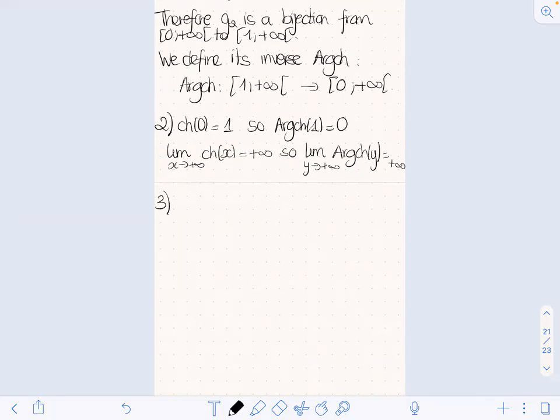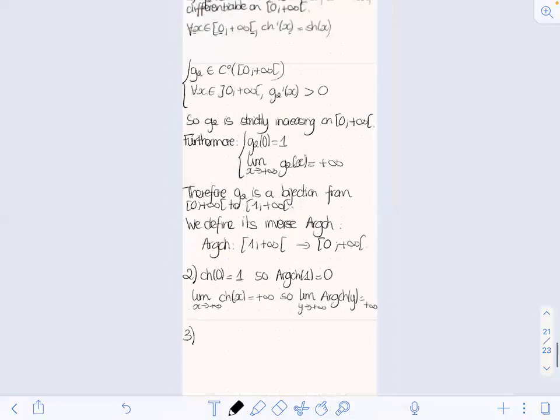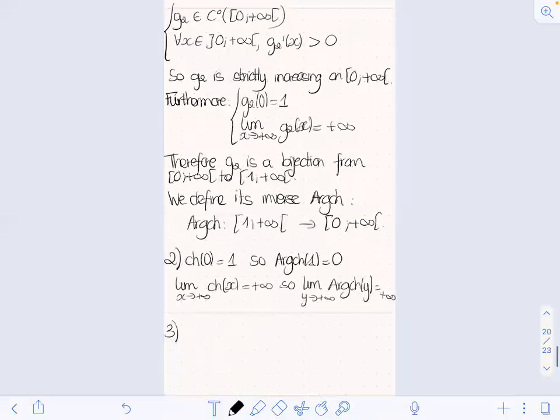So that's some further analysis of the inverse of the hyperbolic cosine. And the two questions that are remaining are very similar to the questions that we've just done for the hyperbolic sine function. So first, we're going to look at the differentiability of argch. So what do we need to check to look at the differentiability of argch? The differentiability of ch.